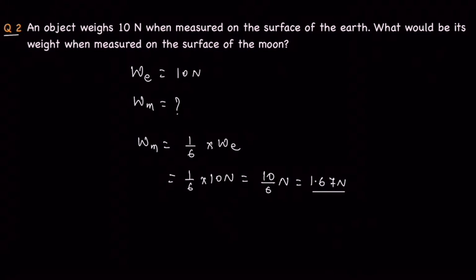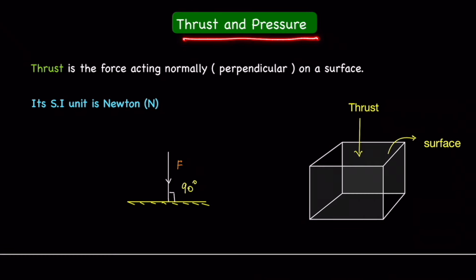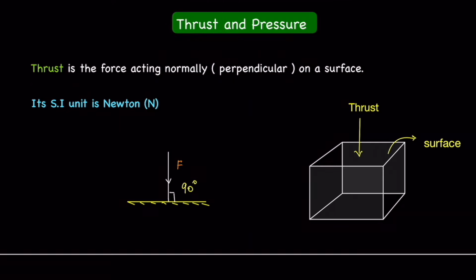Now we will study about thrust and pressure. In thrust and pressure, first we will understand what is thrust. So thrust is a force acting normally or perpendicular on a surface. Let's understand, this is a surface here and we are applying a force on this surface. When this force is perpendicular to the surface, then this force is said to be thrust.